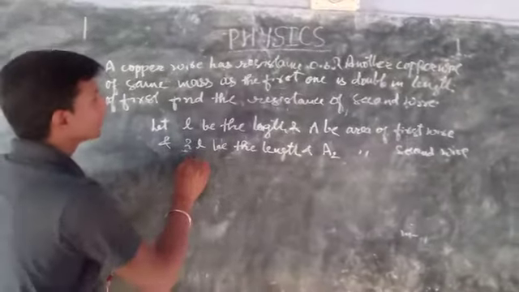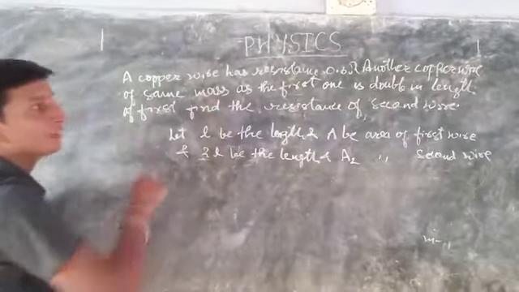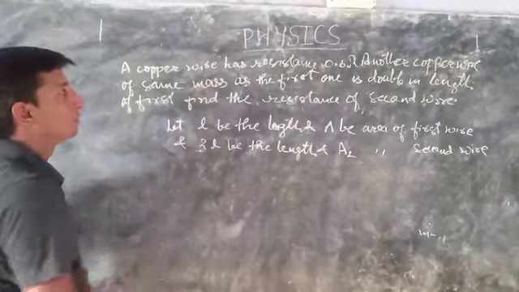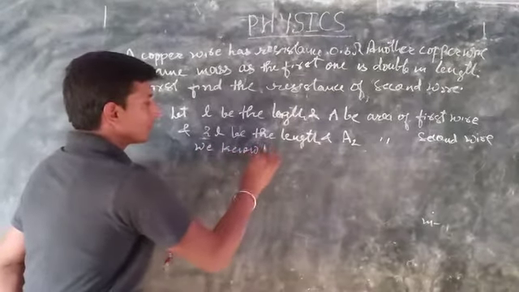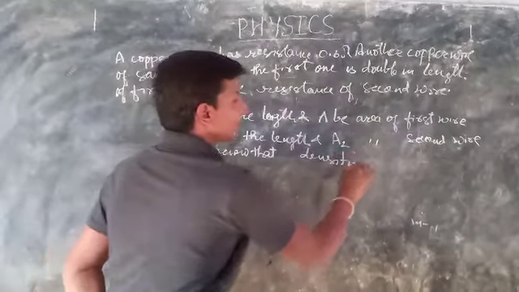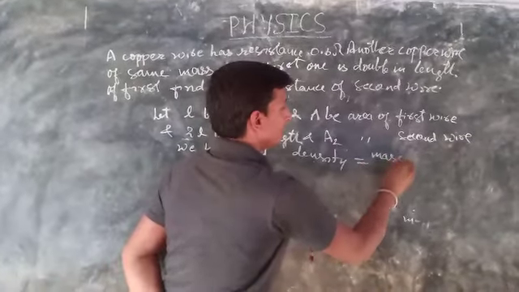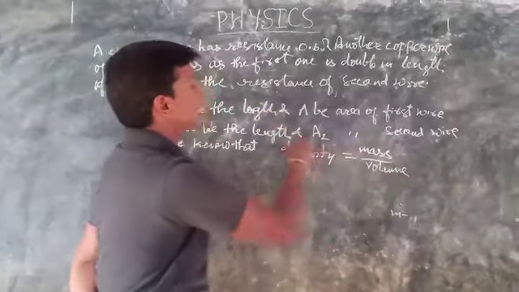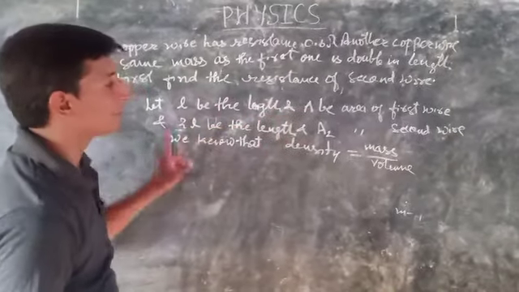We know, as in the question, the relation between both wires is mass. So we know that density is equal to mass per unit volume. Mass is given and volume can be calculated from length and cross sectional area.